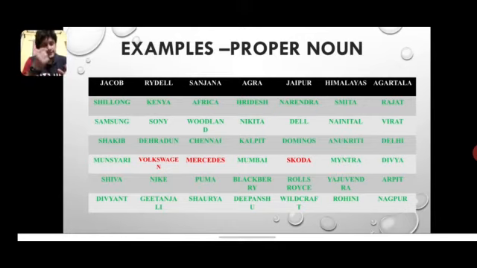Now, out of all these, you see 3 of these in red. Now, why? Children, these are proper nouns, but they have a different pronunciation, which is not governed by any language at all. For example, if I say Volkswagen, people often pronounce it incorrectly.